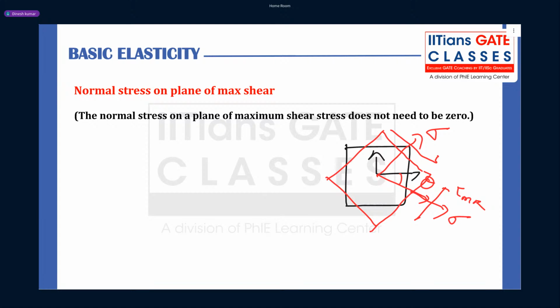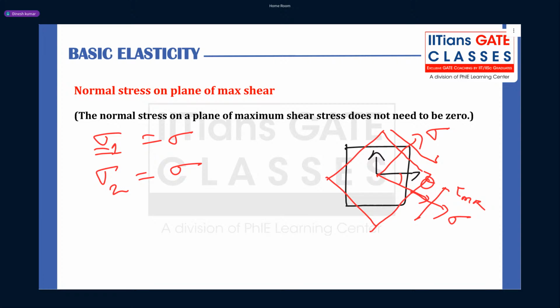We know that on the plane of maximum shear, both normal stresses will be of the same magnitude. Okay, so suppose my normal stresses are sigma. So what will it be? You can write sigma 1 is sigma, and sigma 2 is also sigma. Okay, how did I find this?